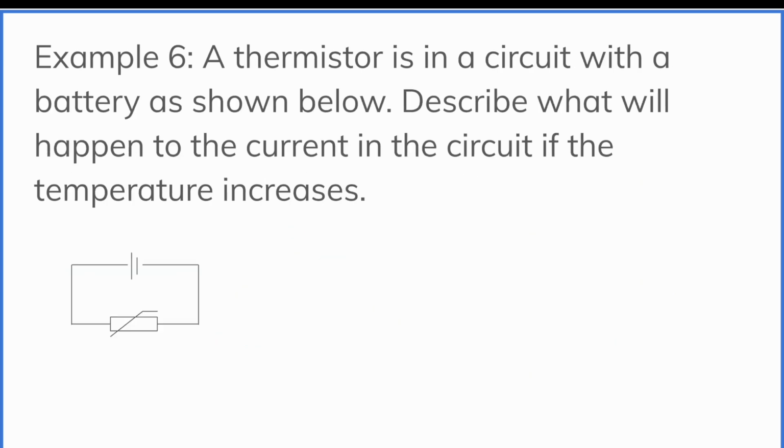A thermistor in a circuit with a battery is shown below. Describe what will happen to the current in the circuit if the temperature increases. Now for a thermistor, if temperature increases, that means that resistance will decrease. So the resistance in that thermistor will go down. And we know that if the resistance goes down, that means that the current must increase because the potential difference will remain the same.